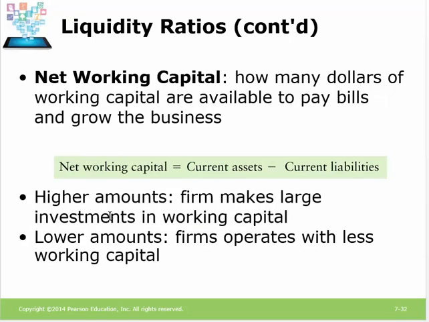Net working capital really comes back to what I was talking about before. It says, what is just the net number? Current assets minus current liabilities. As a company, do you have enough net working capital to function, to pay your bills, and then to have maybe some money to make some decisions, etc.? So higher amounts make the company's investment in short-term assets higher.